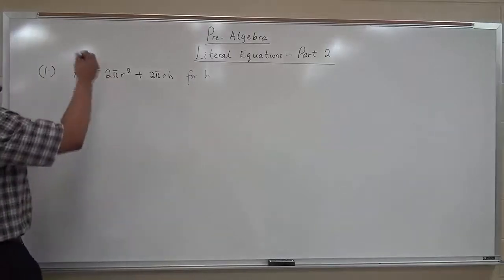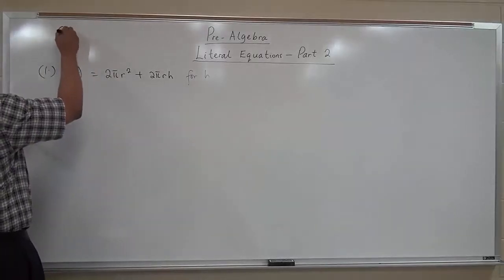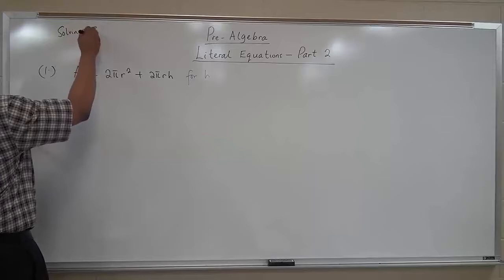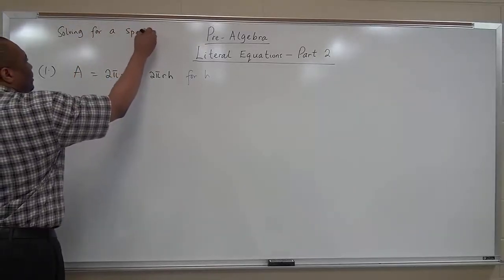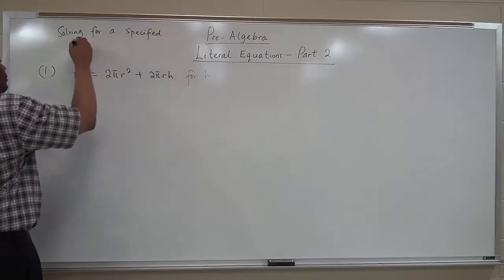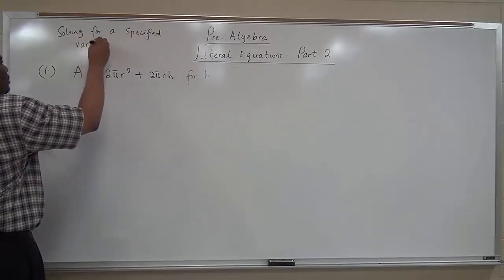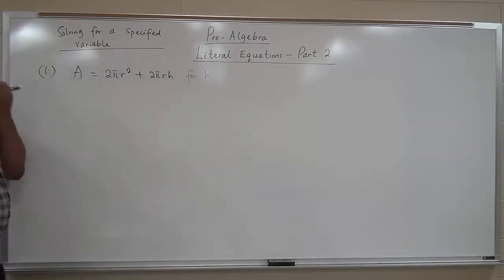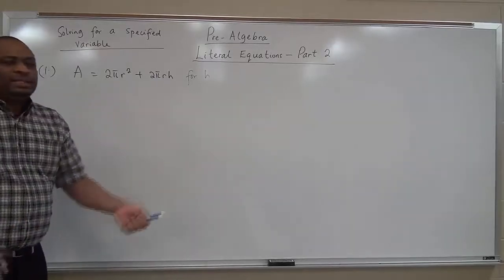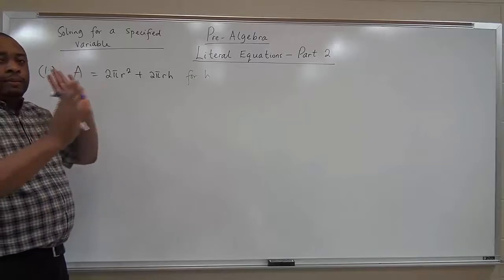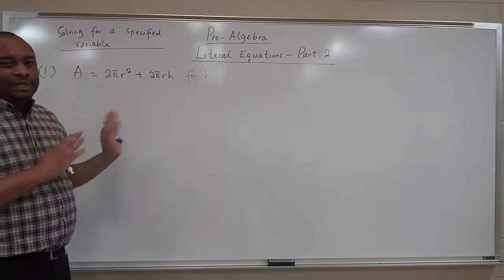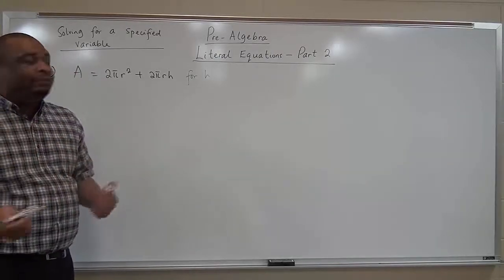This literal equation is about solving for a specified variable. So the first thing I advise students is to look at what you want to solve for. Make sure it is on the left-hand side, and we talked about it before.